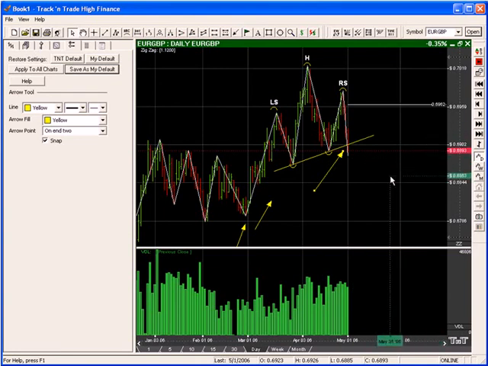So that's just a touch of some of the great features of the Zig Zag tool. We also have some additional educational CDs that go into the Zig Zag tool, the Fibonacci ruler, and the Elliott wave in much greater detail. We show you how the Zig Zag tool can actually help you define Elliott waves and Fibonacci retracements.